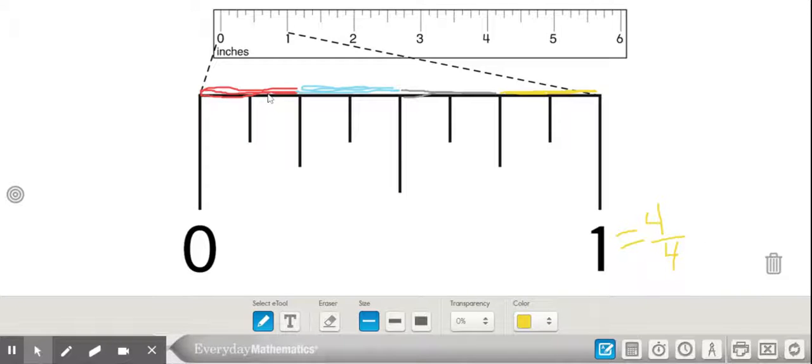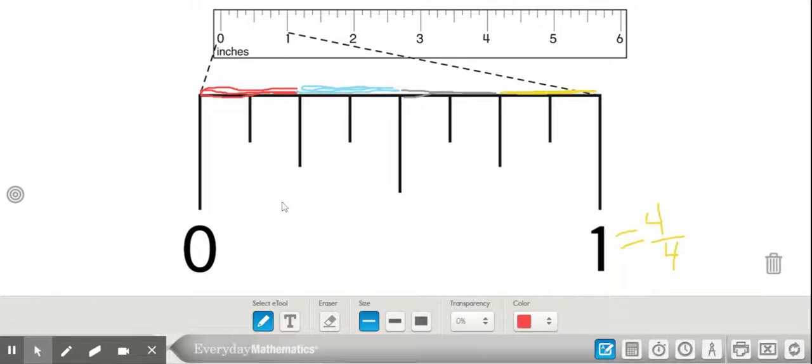So as we think about our 4 sections within 1 inch, we are now going to apply a fraction to the marking so that as you're measuring, you can decide, yes, my object that I'm measuring is closest to the 2/4 marking, or my object is closer to 3/4 of an inch.